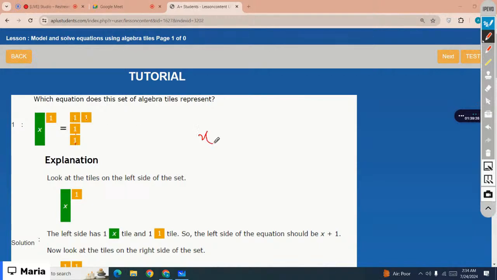So you can write it as x plus 1 for this side. And here you have only 4 white tiles, so you can write it as x plus 1 equals 4.